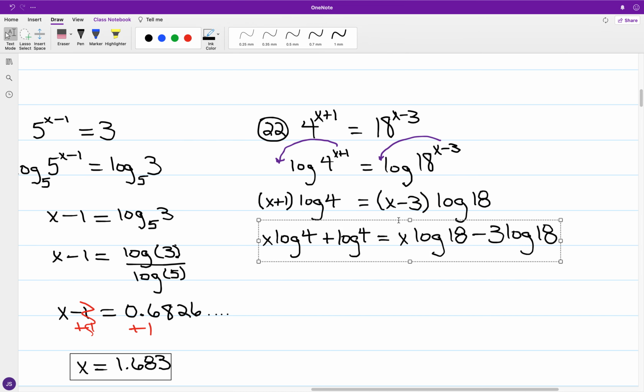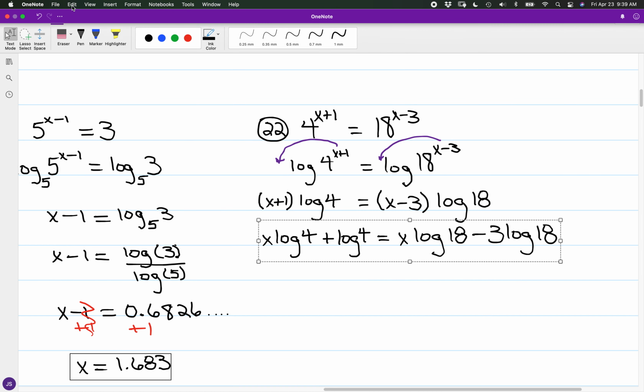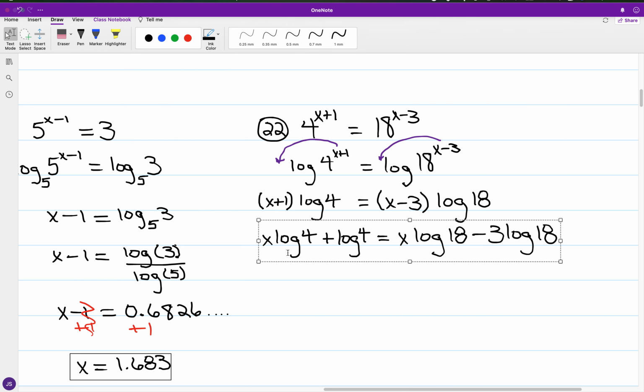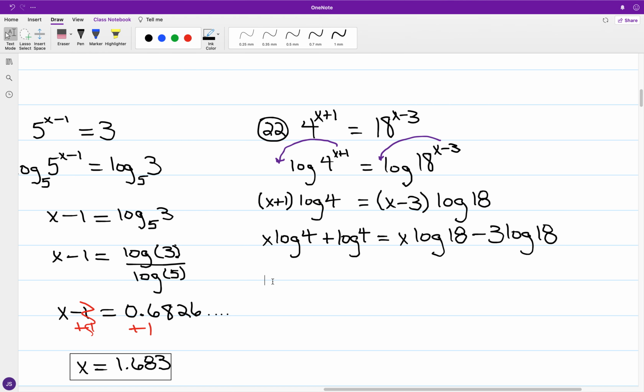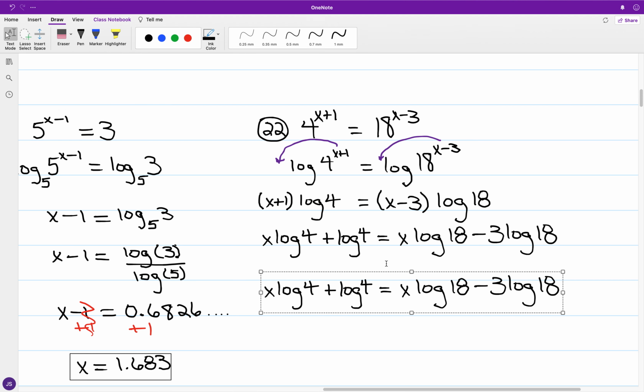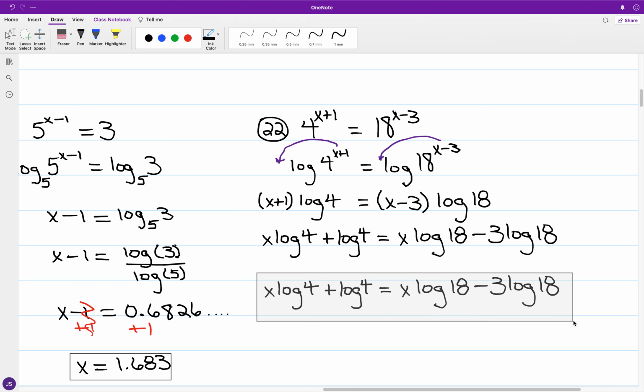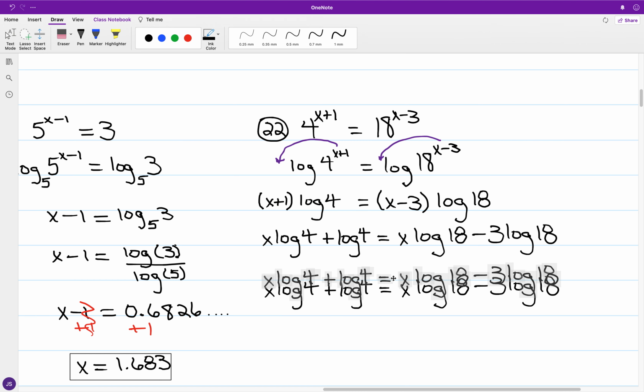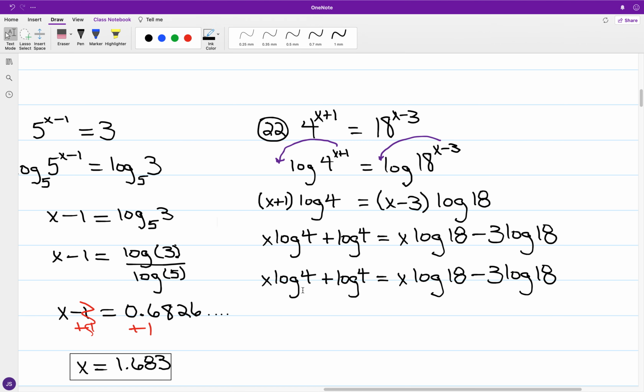All right. We've got x terms on both sides of the equation, and I'm going to put these together. I'll just keep the x terms on the left hand side, so I'm going to keep x times the base 10 logarithm of 4 where it is.